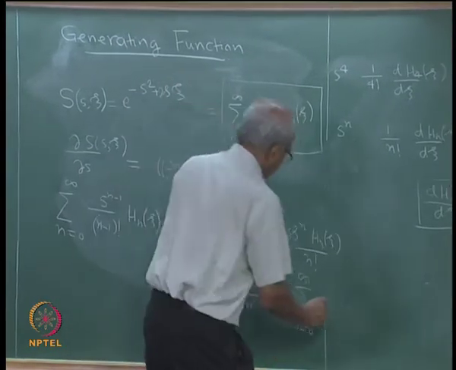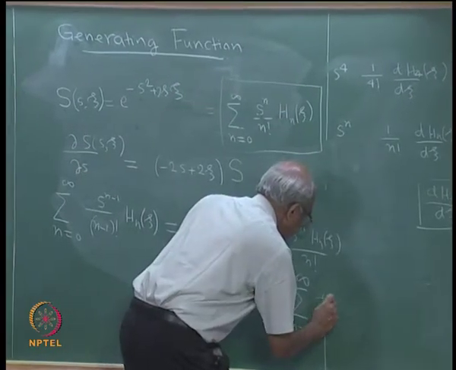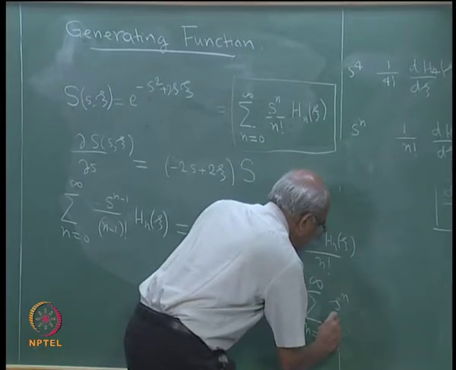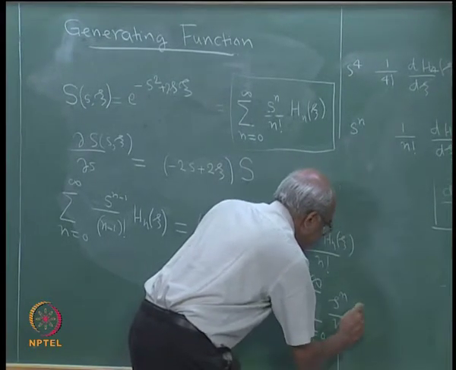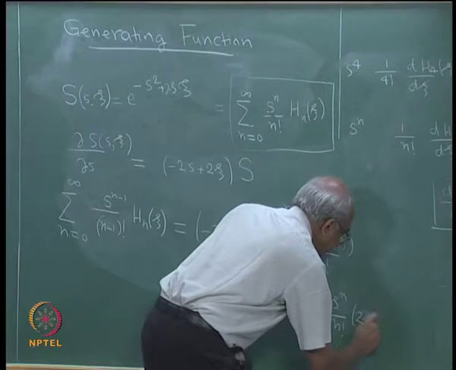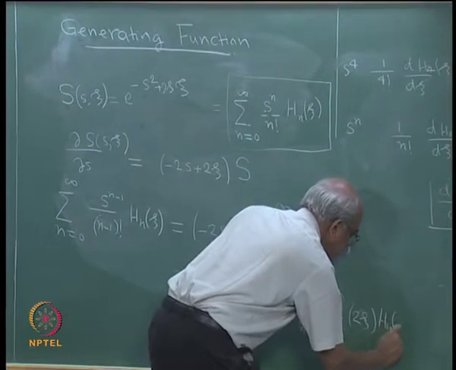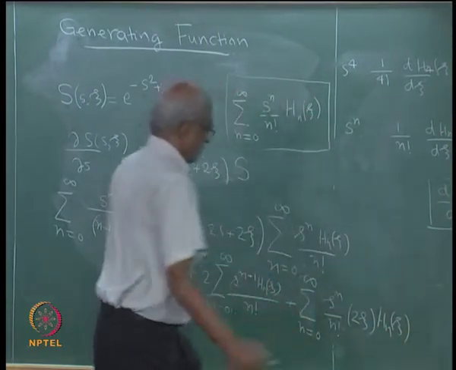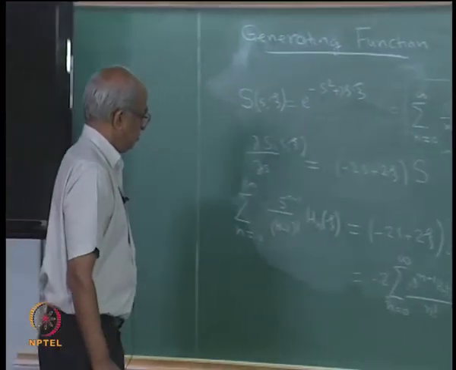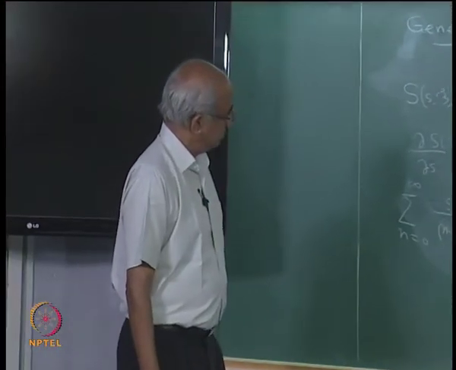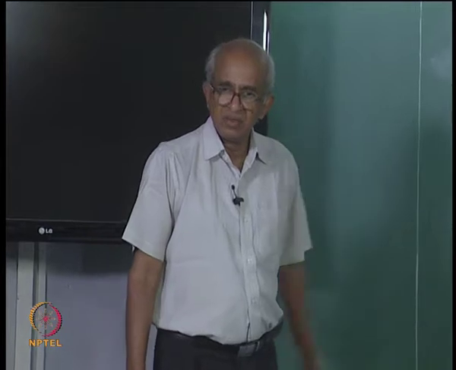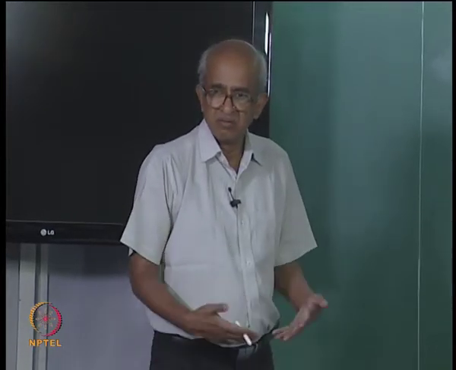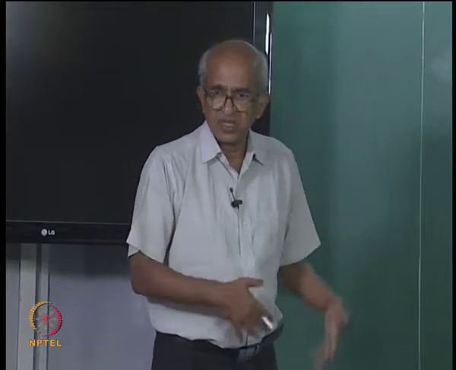This 2c I will take inside, so I will have s to the power of n by n factorial 2c Hn of C, right. Tell me if I have made mistakes.